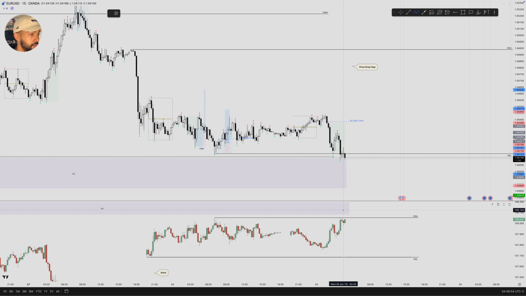Well, potentially I would want DXY to come up just a little bit more into this, take some more buy side liquidity, right? And then we get that breakdown, okay? And then I would want to see EU maybe form a structure. It would be nice if we had a structural high around here and then took those sell side liquidities from the internal lows and then break above this high here, right?